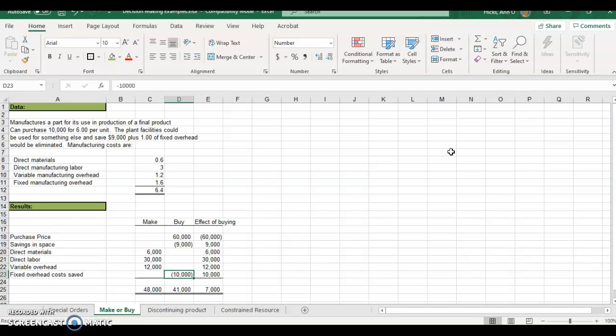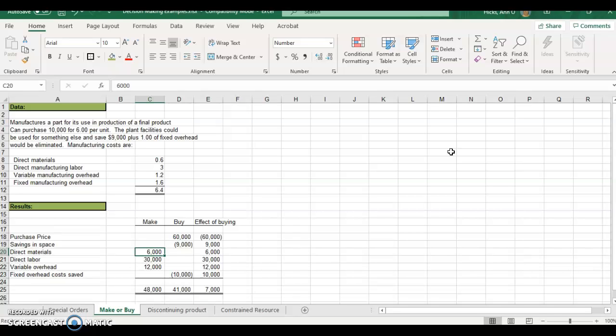We will also save $1 per unit of fixed overhead. So that too will offset the purchase price, which means in terms of relevant cost to the decision, it will cost us $41,000 to buy.